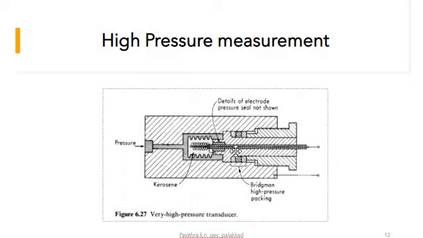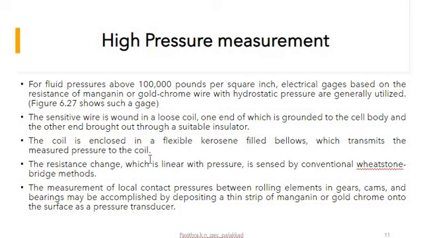In this wire we will obtain resistance changes, which is the output of this device, and by measuring this output resistance change, we can obtain the input pressure. By which method will we determine this resistance change? We can use any conventional method such as Wheatstone bridge methods.